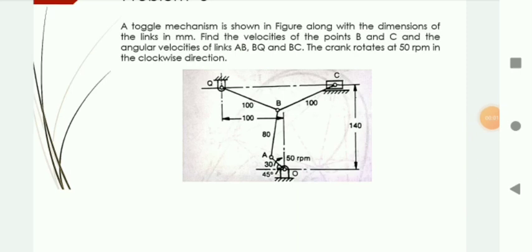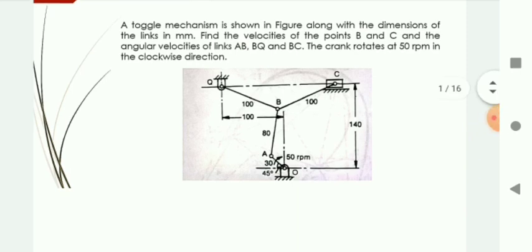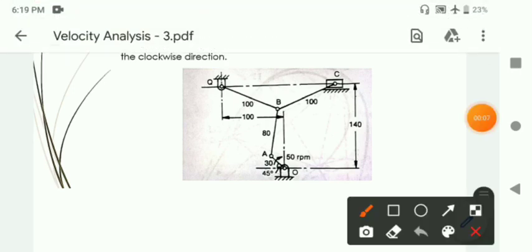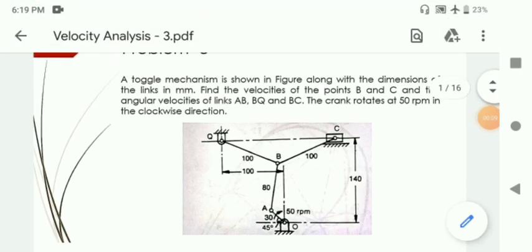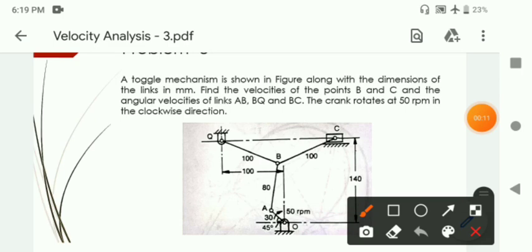Next, we need to find the angular velocity of links AB, BQ, and BC. To find the angular velocity of AB, we assume that link AB is undergoing rotational motion.